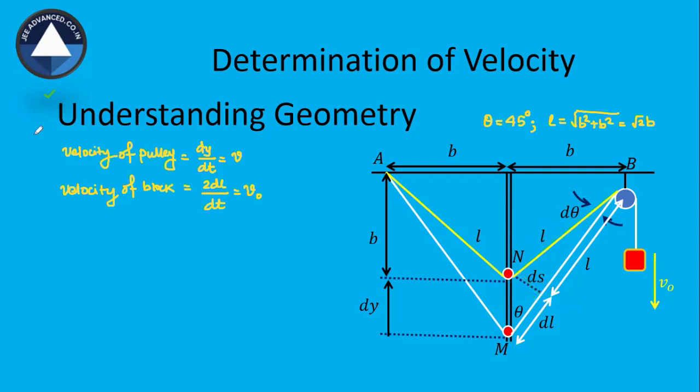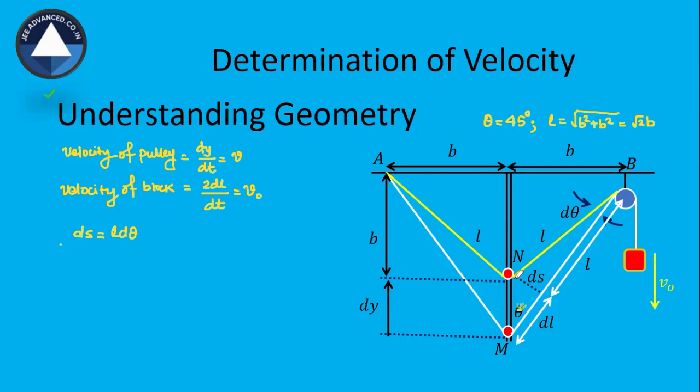So we also have other relationships. ds is equal to L d theta. Okay. And also ds is the perpendicular length. Now you see this is a right angle triangle. In this right angle triangle, this angle is 90 degrees. The side opposite to 90 degrees is known as the hypotenuse and its length is dy. We know the theta.